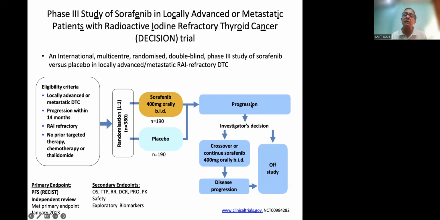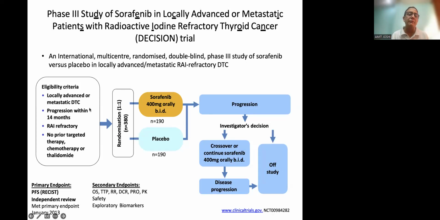As long as there is radiological stability of the disease, on the CT scan done every 3 or 6 months, this drug was continued. It was continued till progression of the disease or the investigator's decision. When there is a progression, whether to continue or stop the drug was the investigator's choice. So this was the trial design: patients with locally advanced metastatic differentiated thyroid cancer. And this line is very important to understand, that there should be a disease progression on radiology within 14 months.